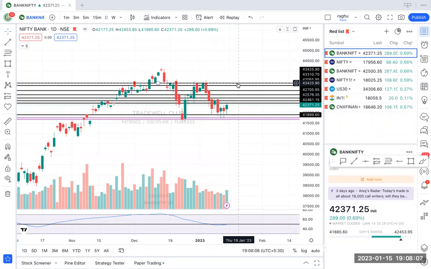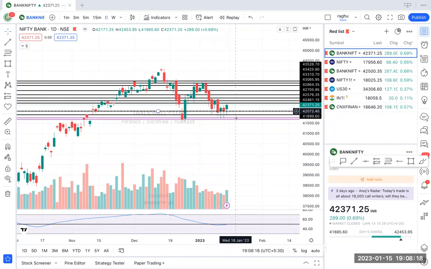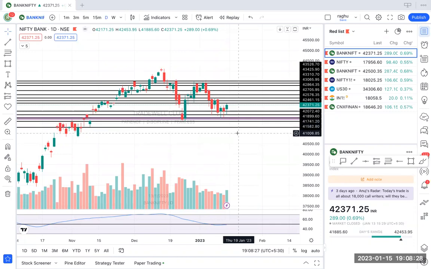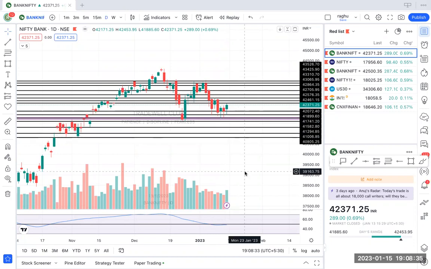So we might get a big green candle, one single candle, and it can fly up. Possibilities are there. And the downside, what we can see in the current situation is one is here, second exactly at the buy zone, 3, from here it's a direct 4, and from here 5, then it's a big fall. Cool. So this is basically our support and resistance for Bank Nifty.